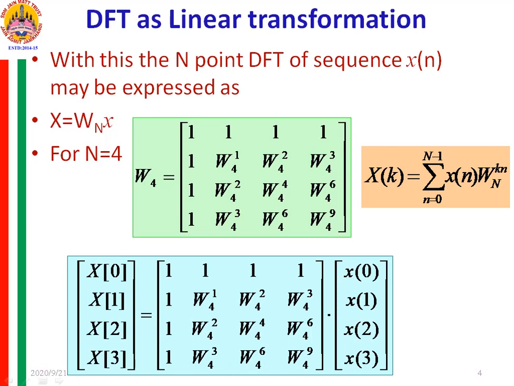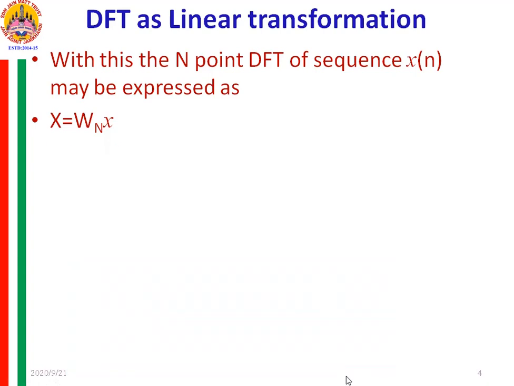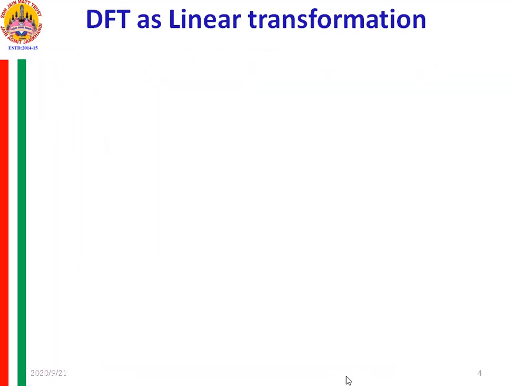Likewise, in the last row, what you get is 1 into W raised to N minus 1, W raised to 2 into (N minus 1), then W raised to 3 into (N minus 1), and the last cell, you just see the previous slide.